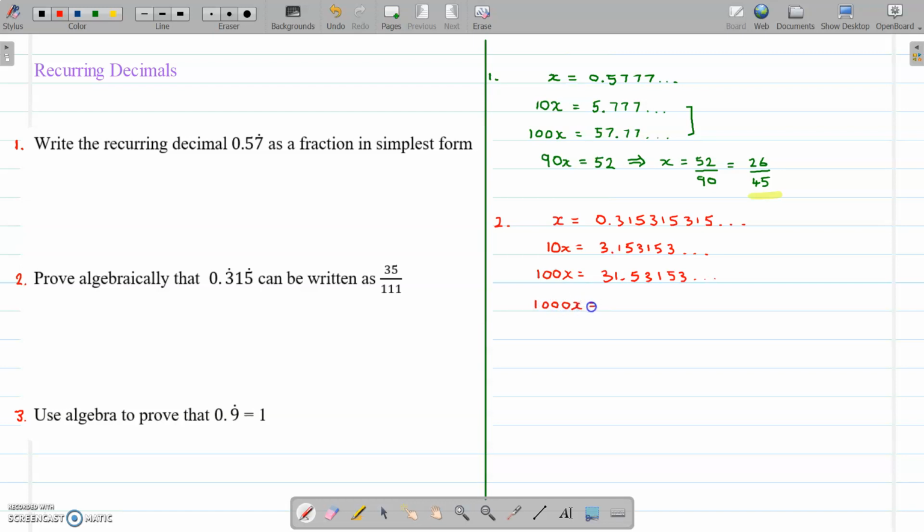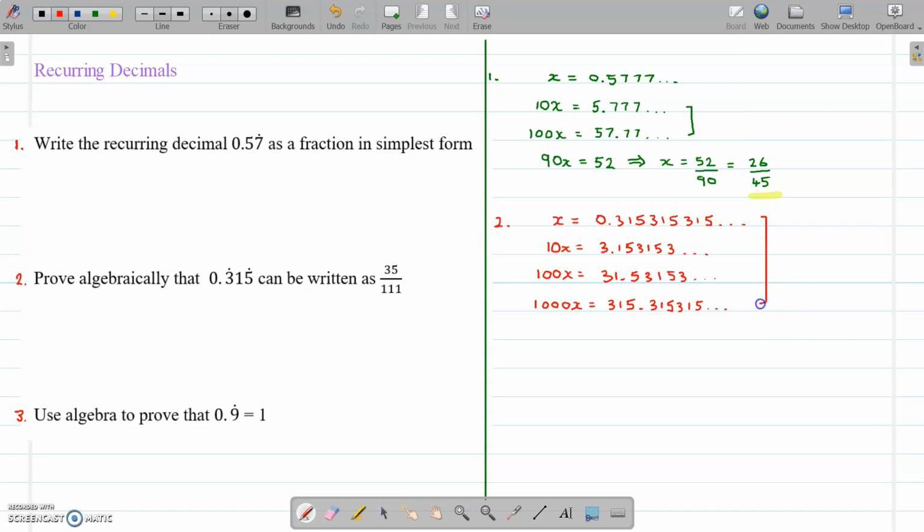1000x will be 315.315 and so on. If you look now at this one and this one, the first and last row, and we link those two together, you can see that they both contain 0.315.